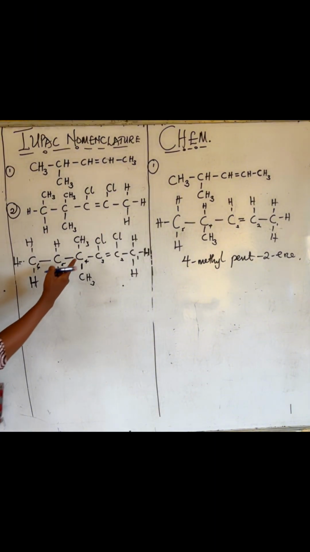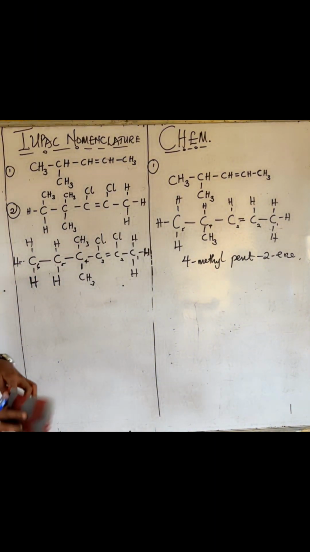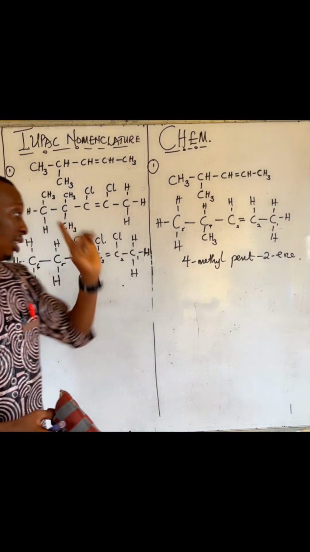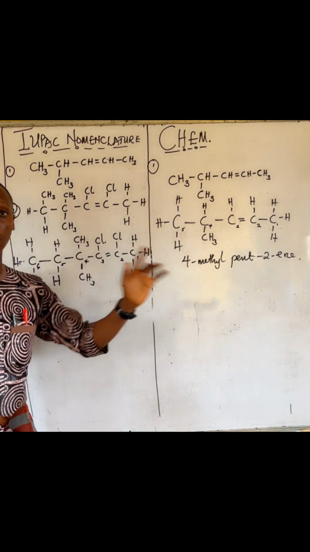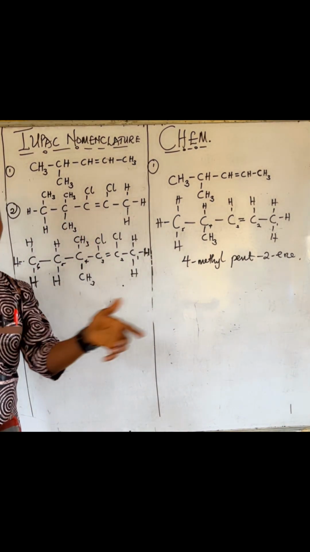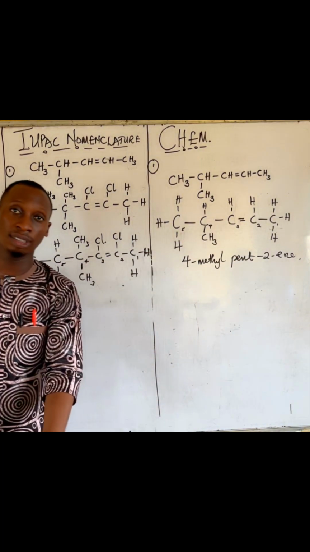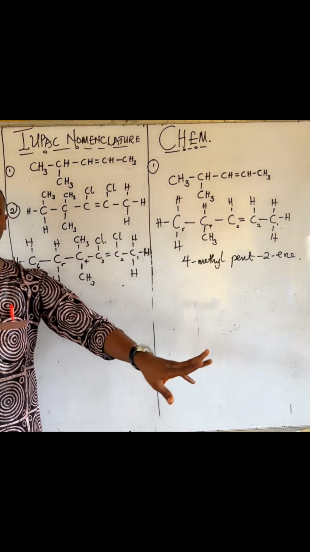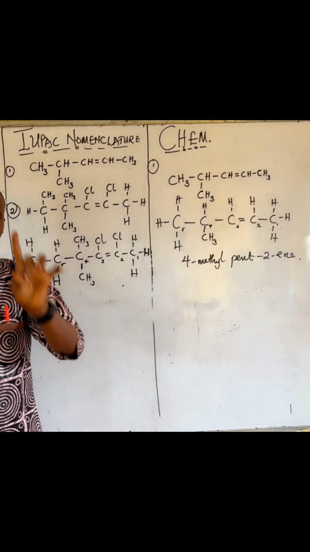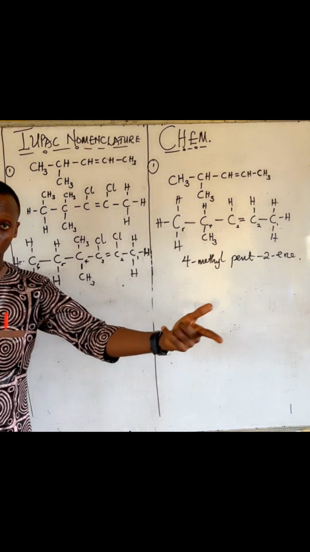Let me give you the rules all together. The first thing is you consider the longest possible carbon chain, after which you number in the forward direction, number in the reverse direction, and consider the carbon that is closer to the functional group.